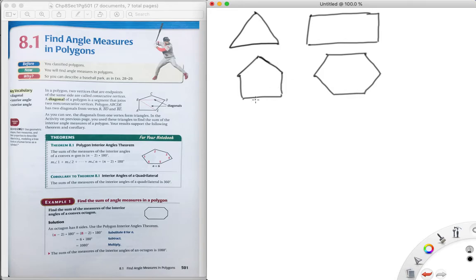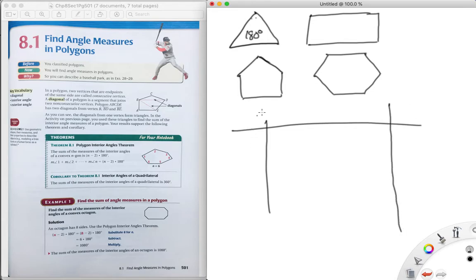Okay. In terms of the sum of the interior angles, we know from the triangle angle sum theorem that if I add all the angles in here, I would get 180 degrees. Right. So if I was to sort of chart this, this would be my shape.